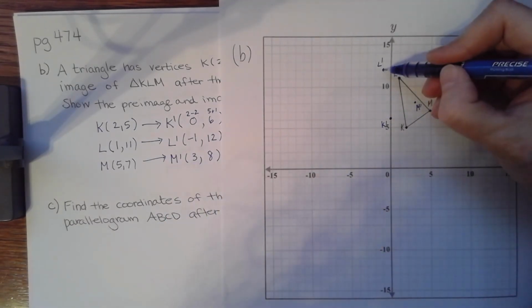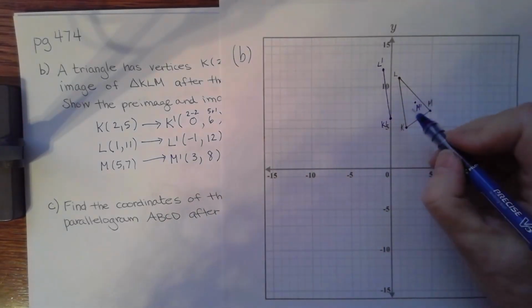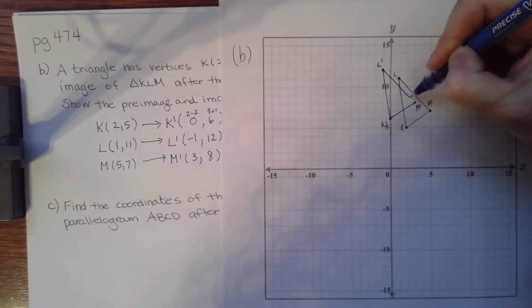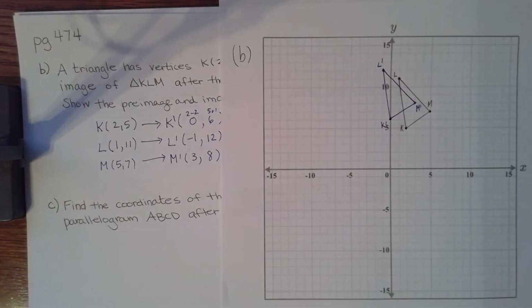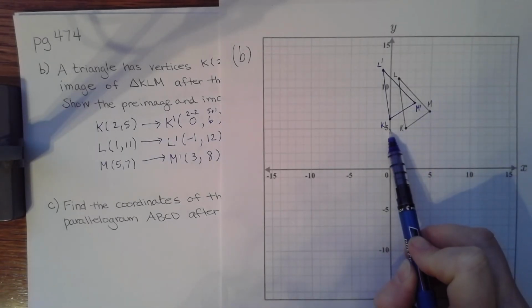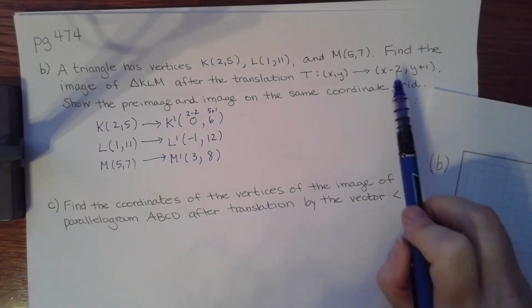Okay. And then when we sketch that triangle, it should be exactly the same shape and the same size as the original because translation is an isometry. And then if we wanted to, we could describe this as a vector, horizontal -2, vertical 1, which makes sense, right?